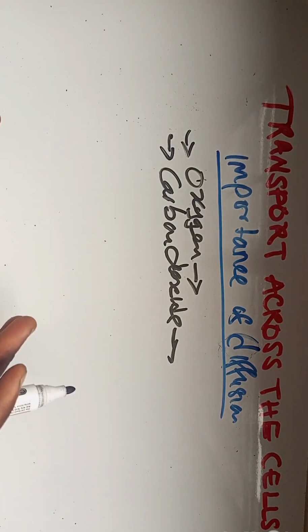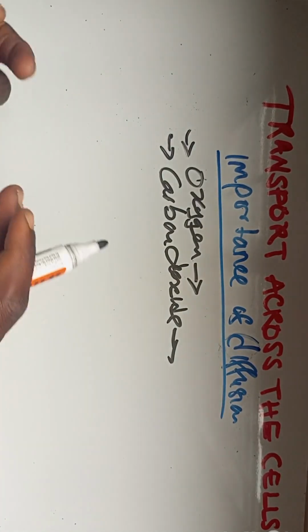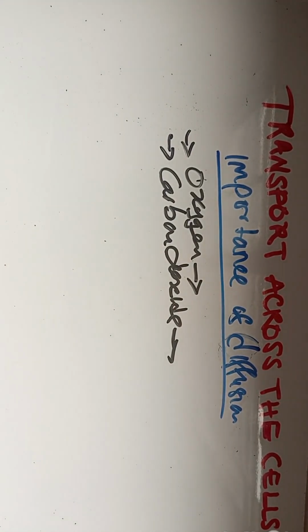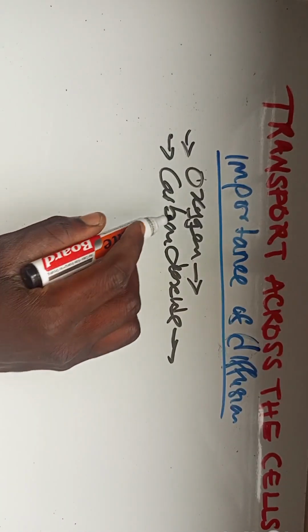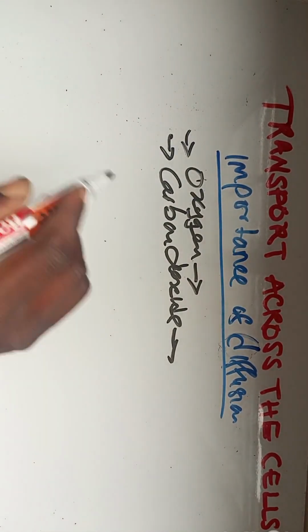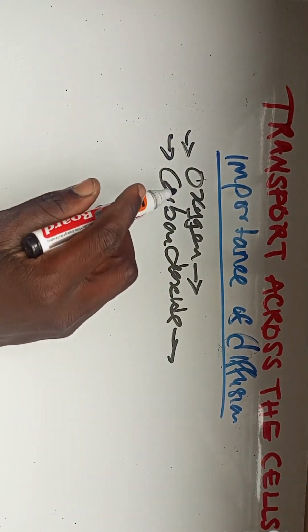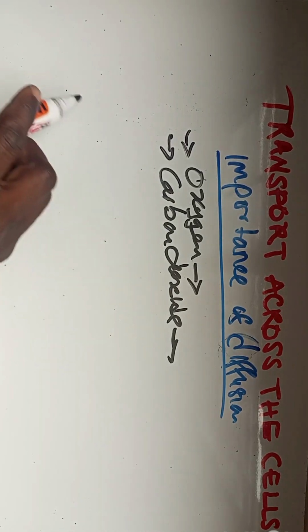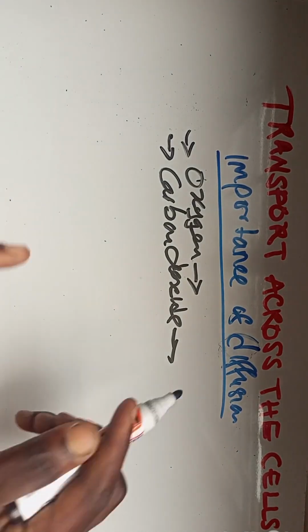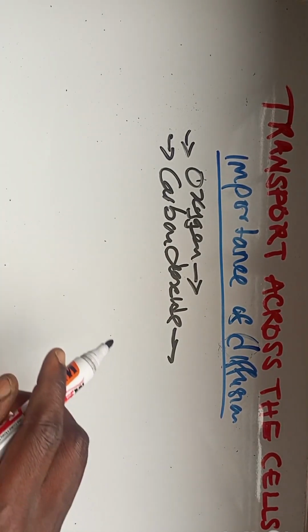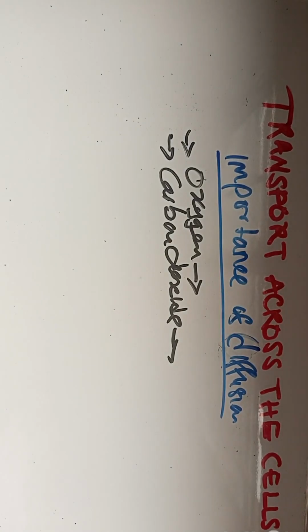For oxygen and carbon dioxide to enter and come out of the body, there must be diffusion. In the lungs there are cells, and for these substances to enter into the cells, unless there is diffusion, they will not enter and come out of the cells.